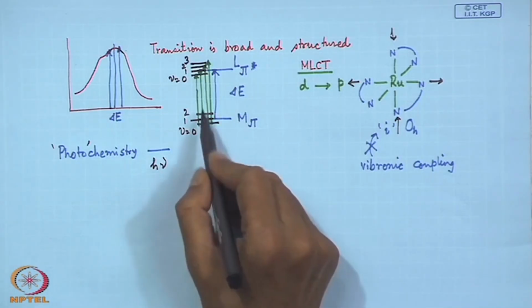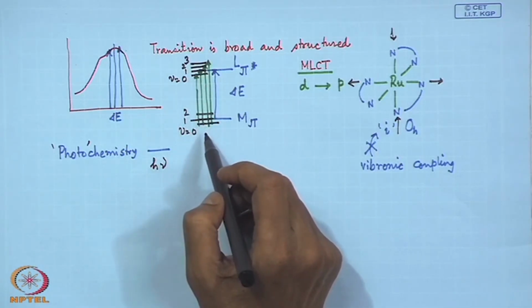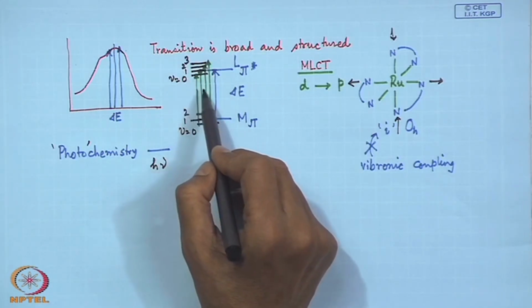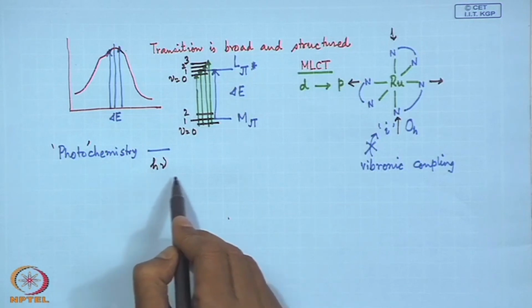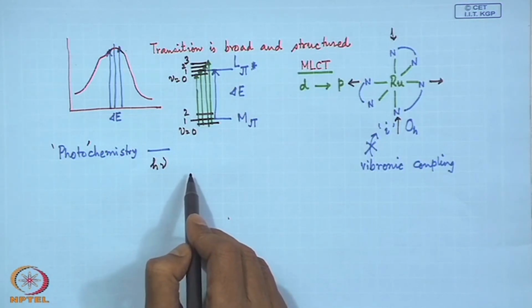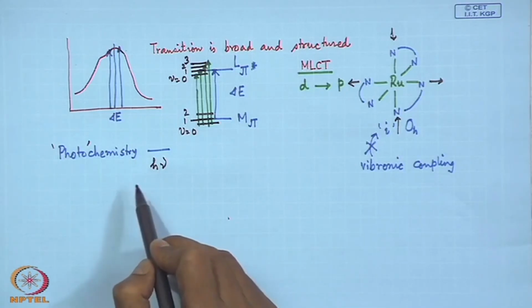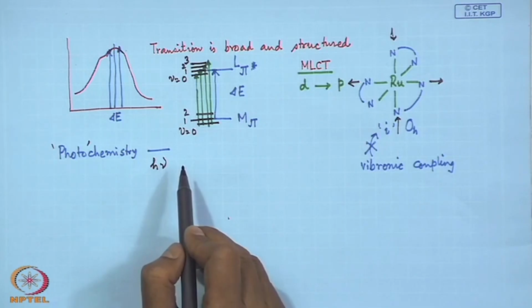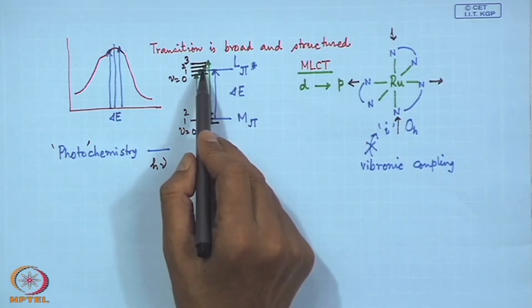So, if we have the corresponding facile transitions for this MLCT type, at this particular wavelength we get the corresponding molecule. If we pass this radiation continuously to the molecule, and the entire molecular system can absorb all the radiation which is falling on the molecule, then all the molecules are getting excited to the first excited state.